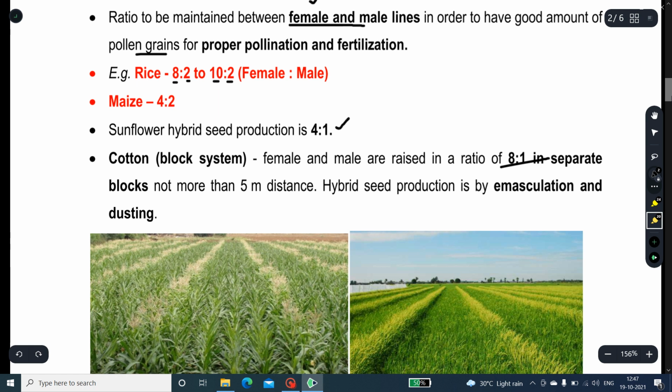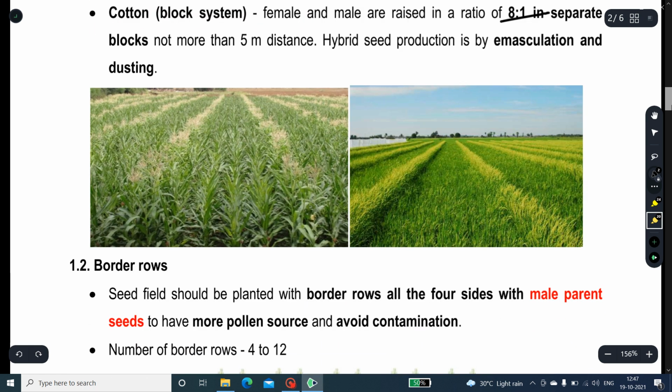Now we see just what emasculation is. It is nothing but removal of the male part of the flower, and dusting means the pollination behavior. Here we can see the difference between male and female rows.